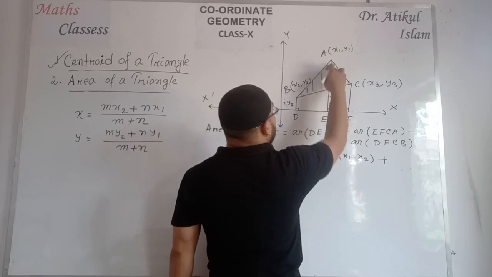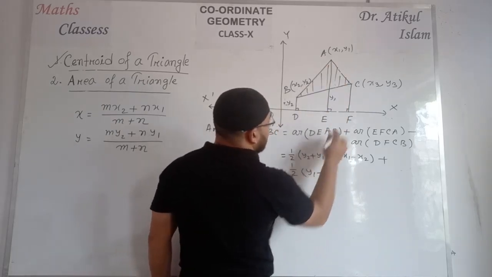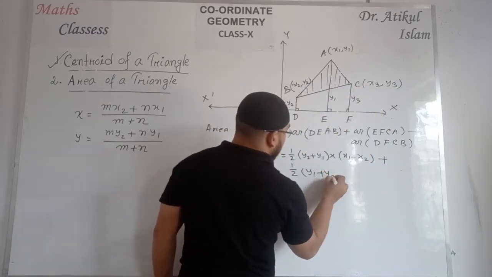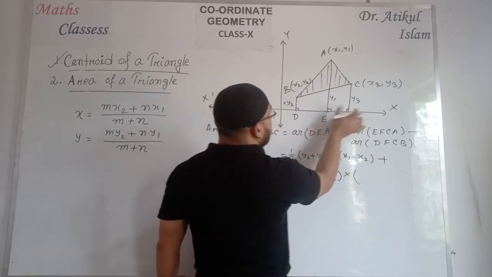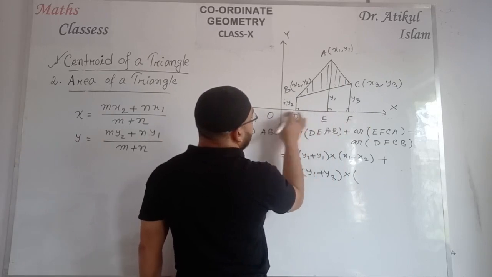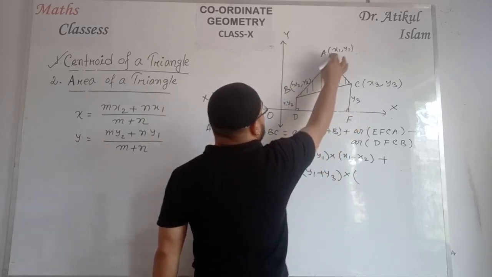Here A is y1, so half into (y1 plus y3), and CF is y3, and the height is EF, which you can write as OF minus OE, that is x3 minus x1.